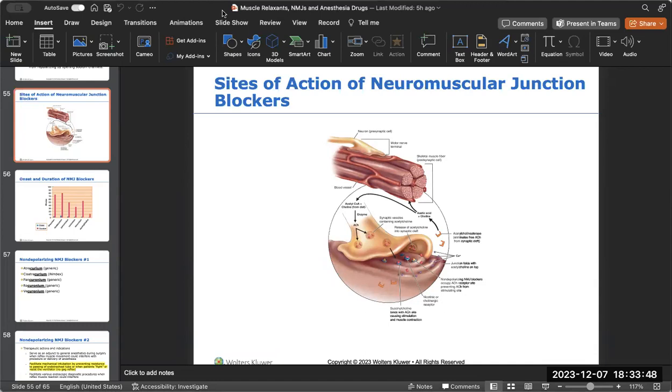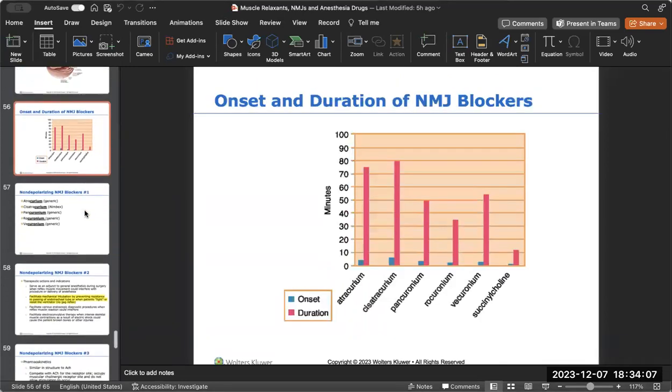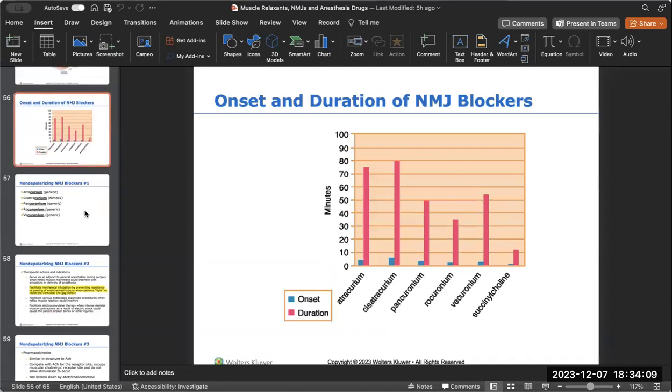So depolarizing ones, or the only one, acetylcholine, is going to cause muscle contraction, whereas non-depolarizing neuromuscular junction blockers, meaning the ones that antagonize, fight for the acetylcholine receptor, so they stop acetylcholine, and in doing so, they cause muscle paralysis. All of these end in curium or cronium. So this is just the onset and duration.